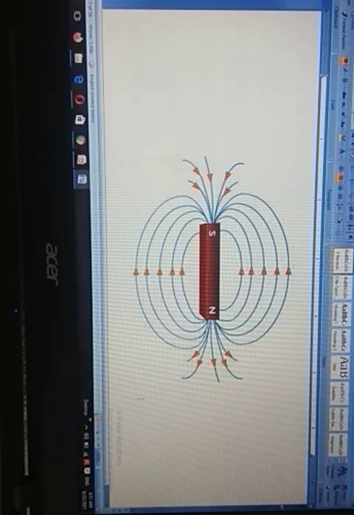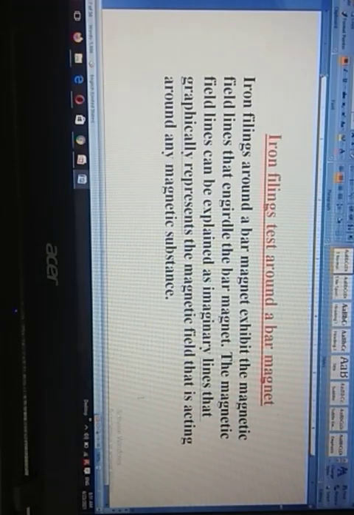You can see that the maximum magnetic field lines are around the poles. They emerge from the north, and you can see that the direction of the magnetic field lines is emerging and merging. There is a test around a bar magnet using iron filings, called the iron filings test. Iron filings around a bar magnet exhibit the magnetic field lines that encircle the bar magnet.